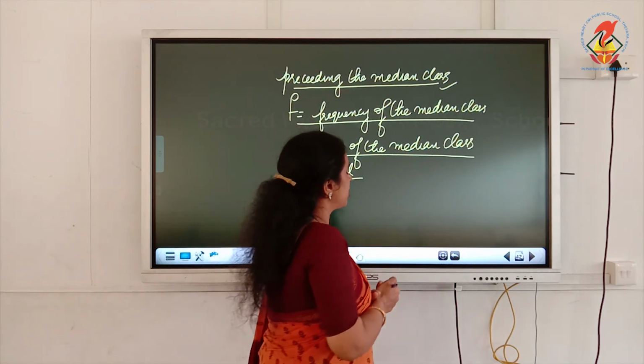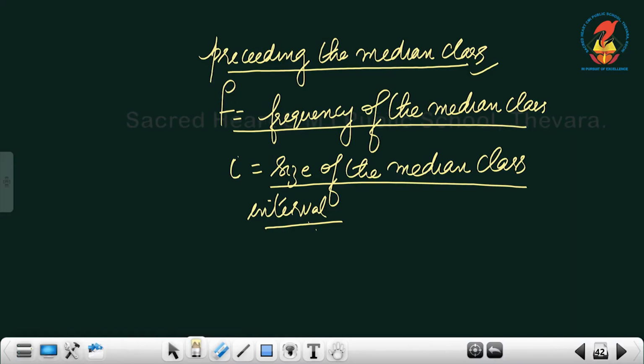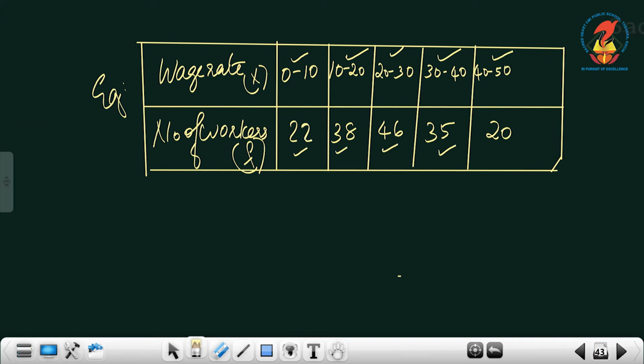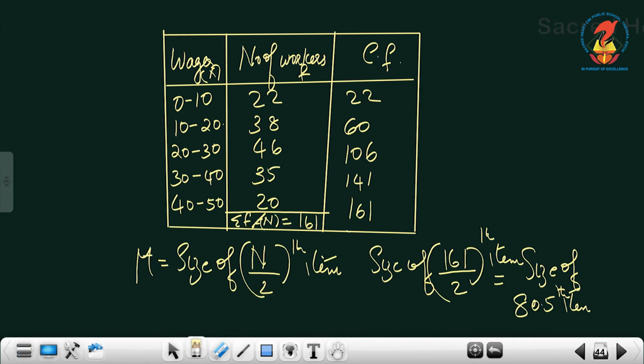So, with this we can find out the median for a continuous series, where the example is given as wage rate and number of workers. See, your x values are given in the form of class interval 0 to 10, 10 to 20, 20 to 30, 30 to 40 and 40 to 50. Corresponding frequencies are 22, 38, 46, 35 and 20.